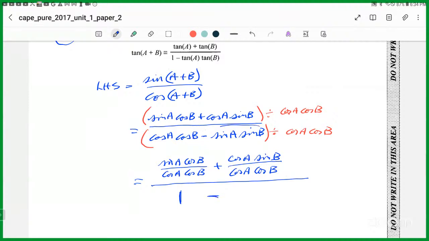Minus, dividing this by cos A cos B, sin A sin B over cos A cos B.